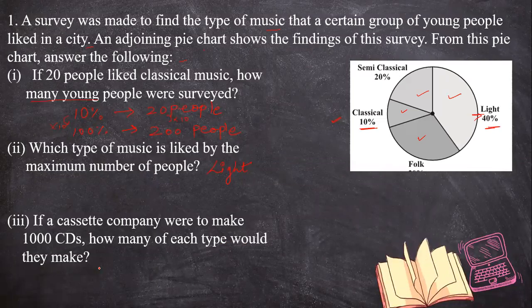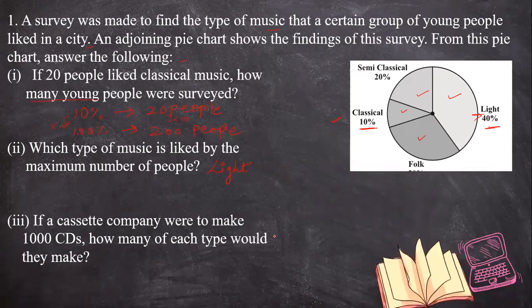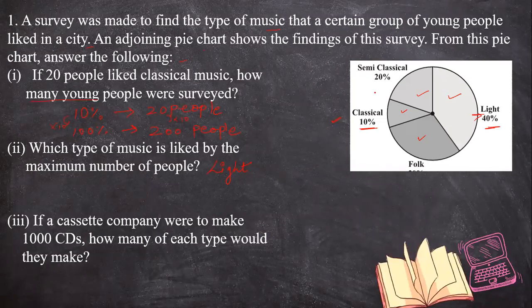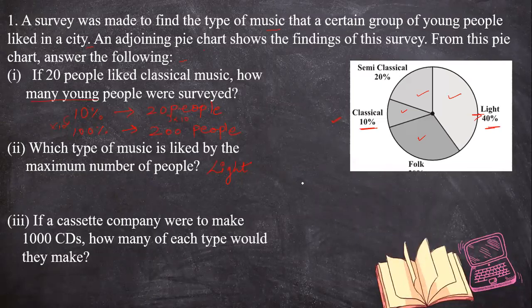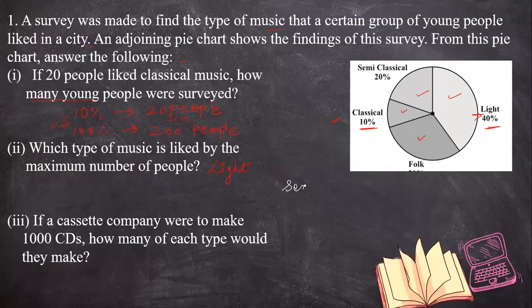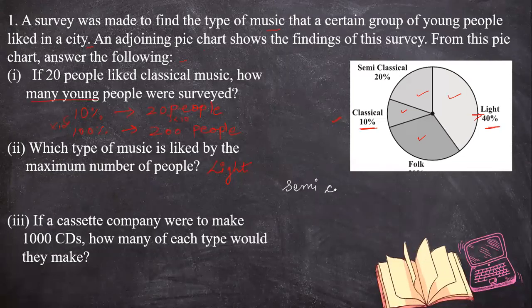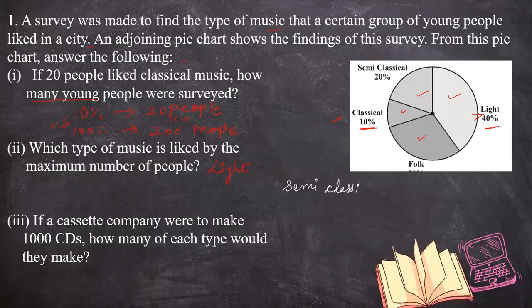Now next, if a cassette company were to make 1,000 CDs, how many of each type would they make? So they are making 1,000 CDs. Now you have to tell how many of each type. First of all, we'll calculate it for semi-classical. How many? 20%.